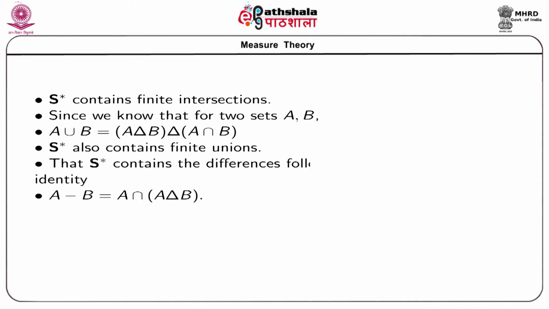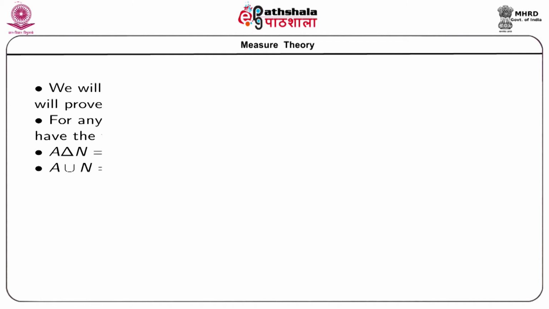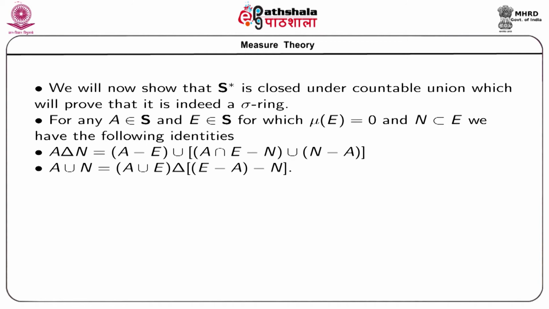Again, S star actually contains the differences also, which follows from the well known identity that we can write A minus B as A intersection A delta B. So, we have already shown that S star is a ring. Now, we are going to show that S star is a sigma ring, that is, it is closed under countable union.